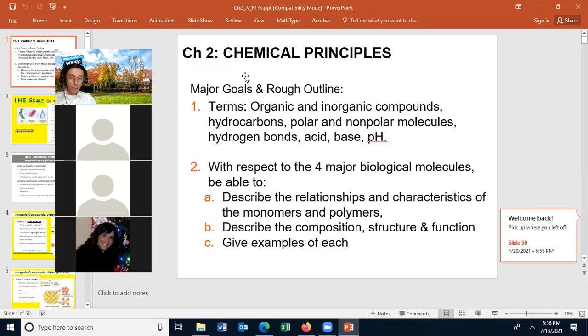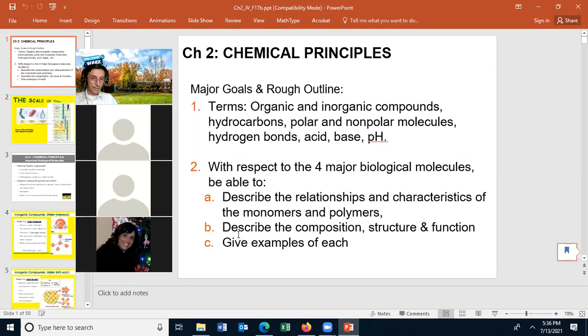So normally, when I give you a slide presentation, the first slide I will give you the major goals and the rough outline. You should always know the major goals and the major terms for the lesson. But if you want to know all of the objectives for the lesson, you should look beyond this slide here. You should look under the study guide.